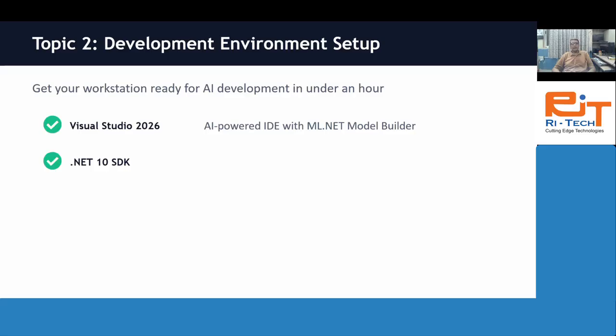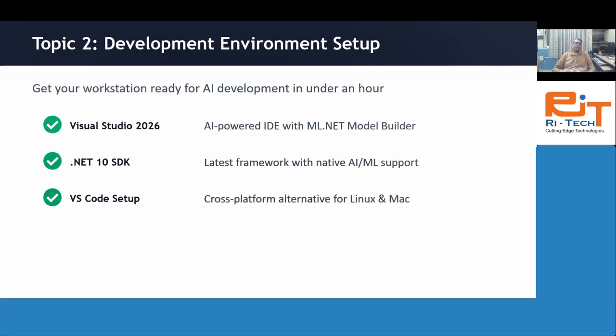We'll not use older versions. The .NET 10 SDK has many of the latest frameworks for native AI and ML support. There are many technologies using which we can build native AI and ML applications. Then we can use VS Code also for a few demos.